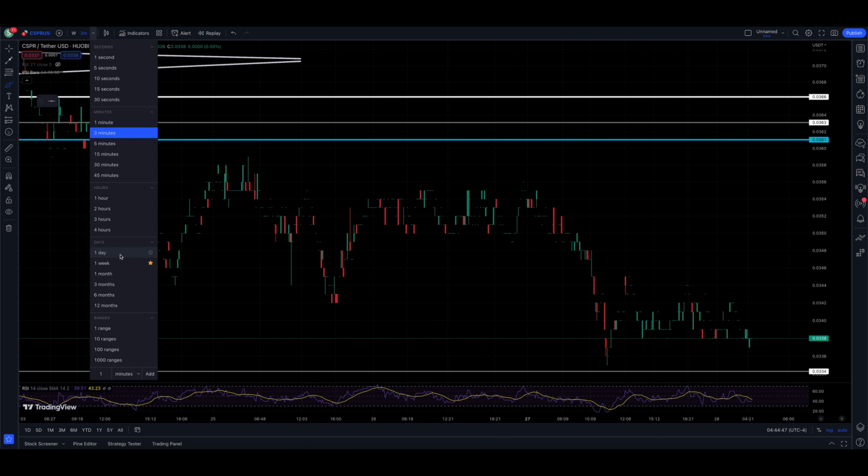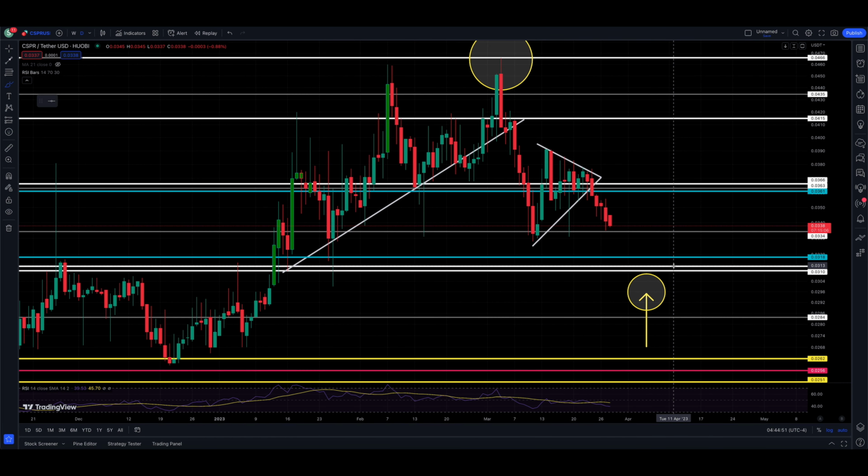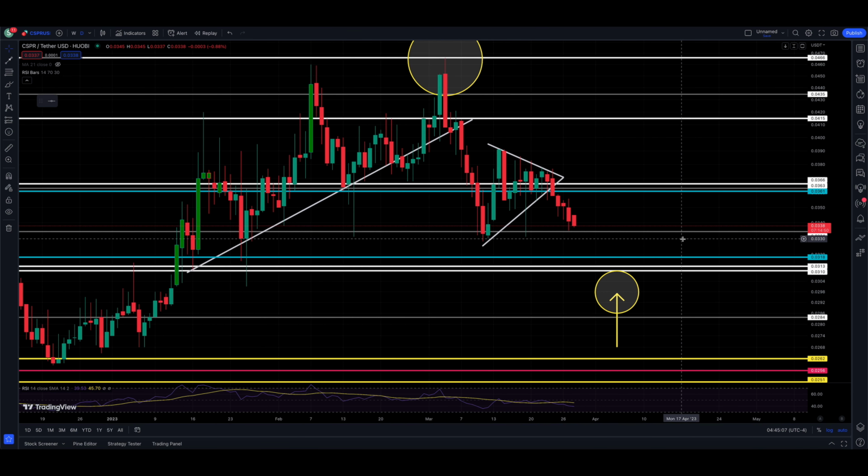So if you're wondering why I have so many lines on my chart, I use them as a map to figure out where the price is most likely to either one, find resistance above the market, or two, find support below the market, like we've seen here at this 334 level before.